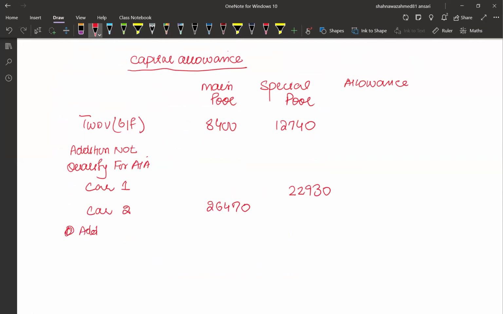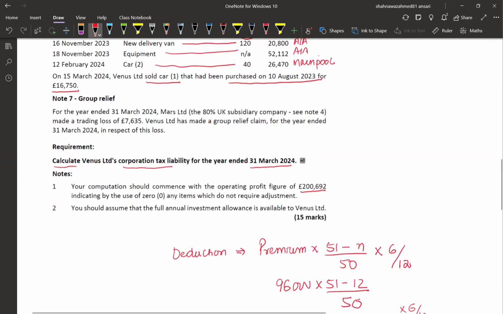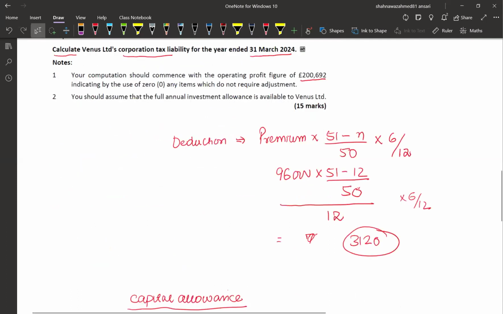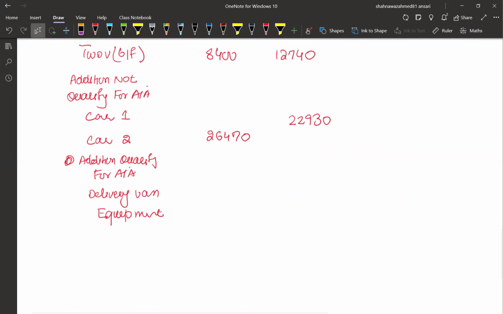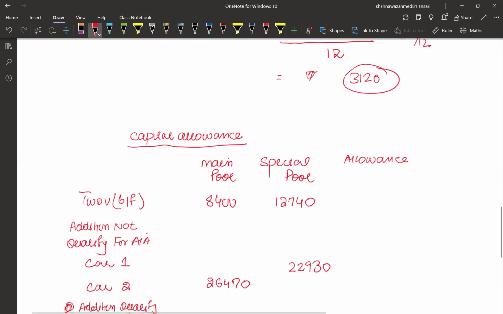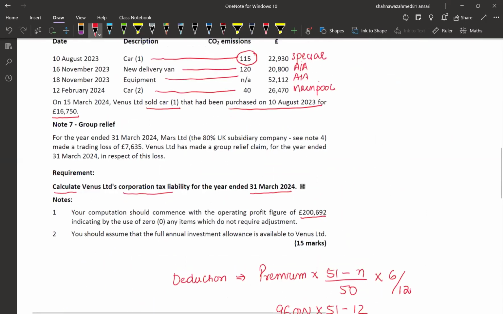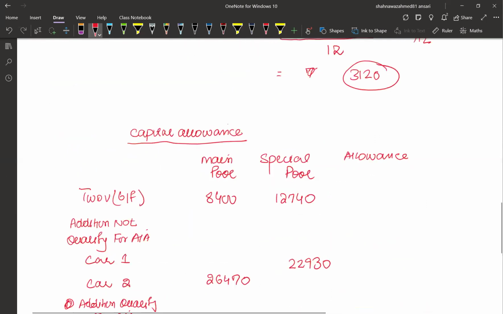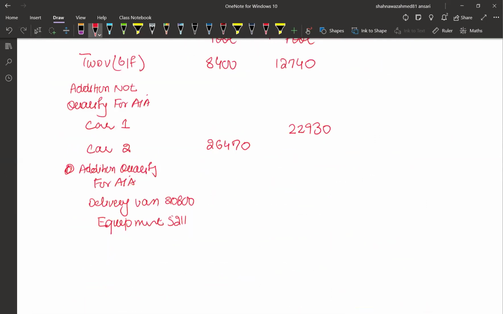Then we have additions qualifying for AIA, and here we have the delivery van and the equipment. These two items are eligible for AIA. What is the value? 20,800 for the van, and for the equipment, 52,112.